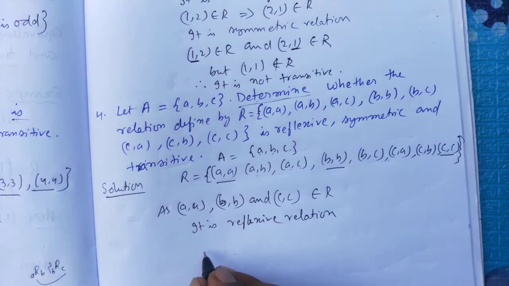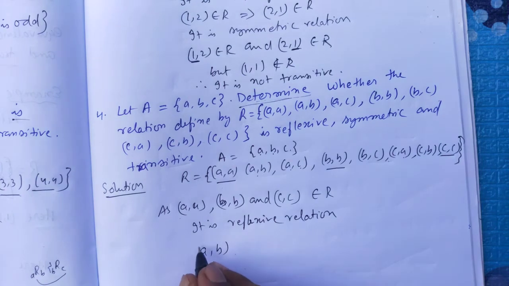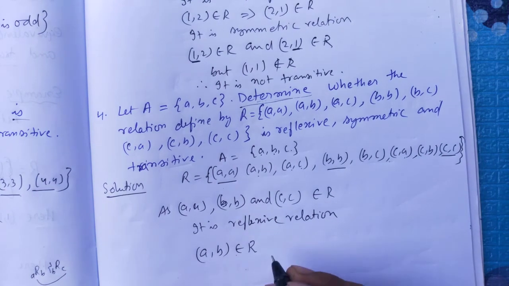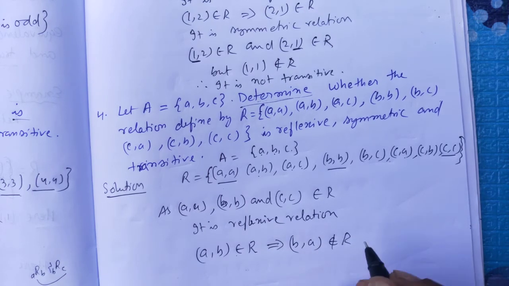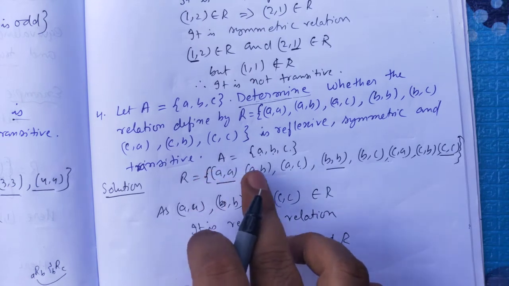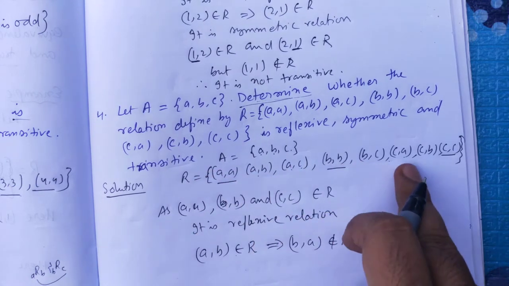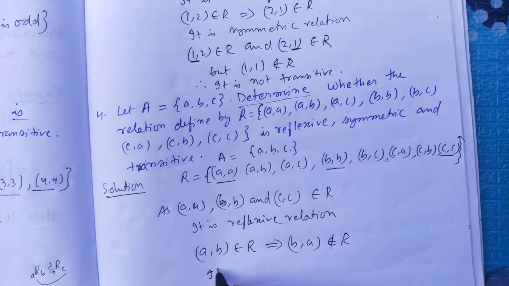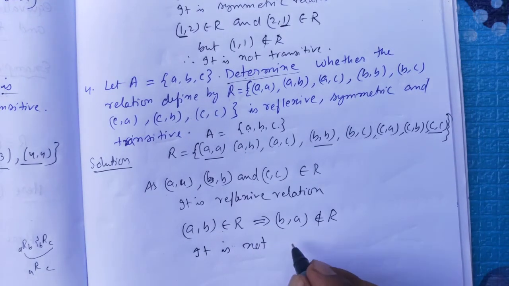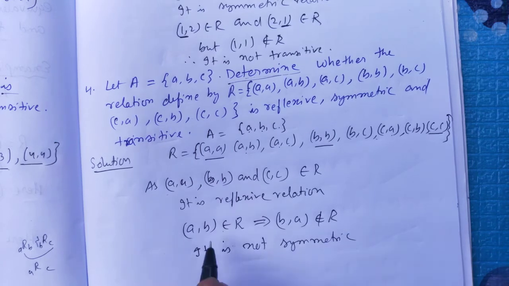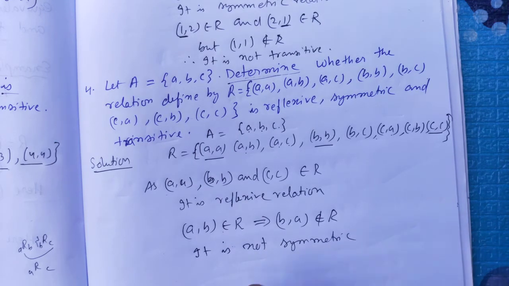We can say that (a,b) belongs to R. Does it imply (b,a) belongs to R? It does not. (b,a) is missing here. (a,b) is in R but (b,a) is not there. That means it is not symmetric, since if one condition is not satisfied, it is not symmetric.